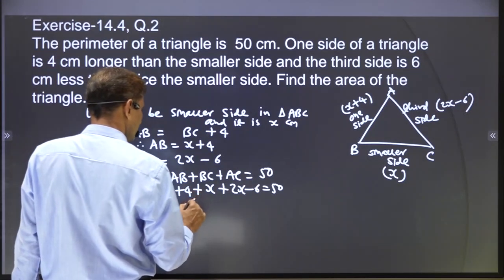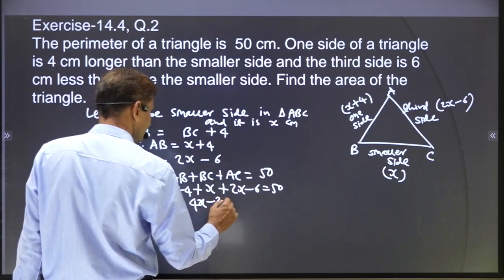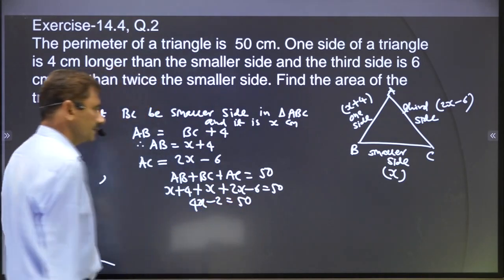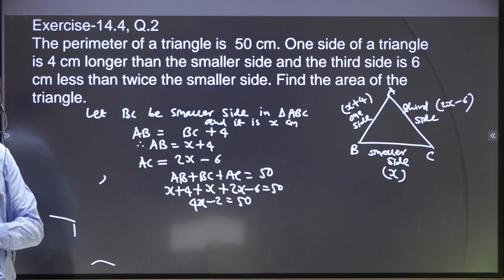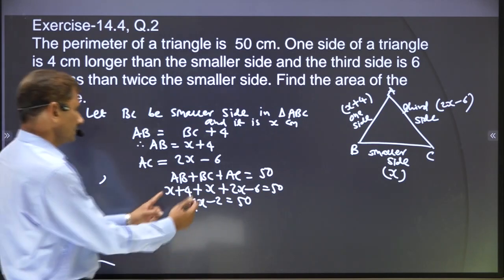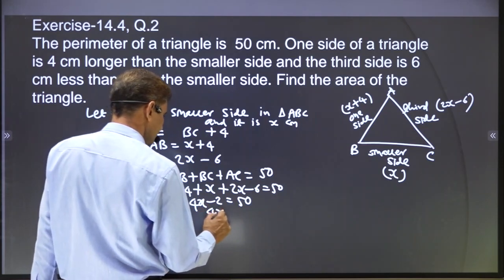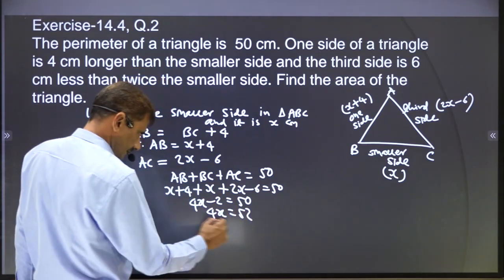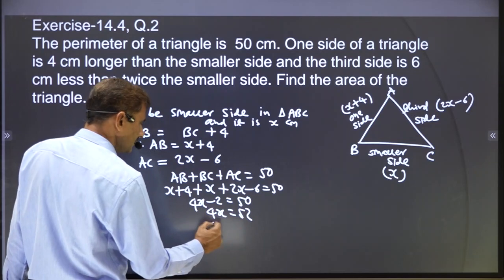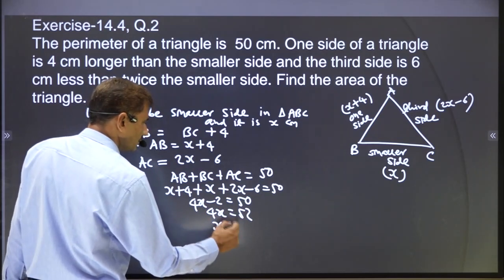So it will be 4x minus 2 equal to 50. Total 4x, 4 minus 6 is minus 2. Therefore 4x equal to 52. Minus 2 gone there. Now 4 will go there. So 52 by 4 is 13.